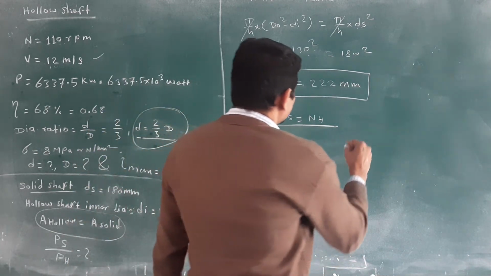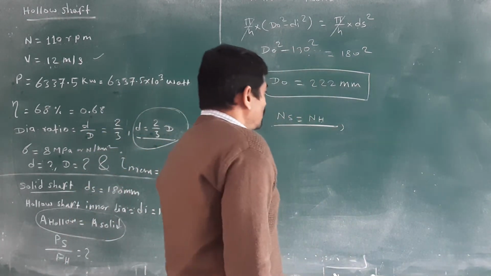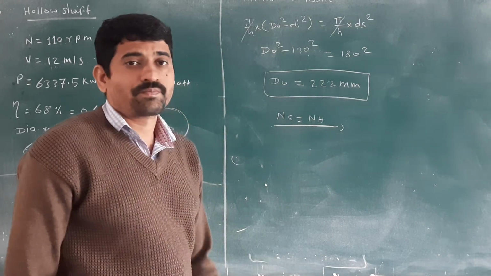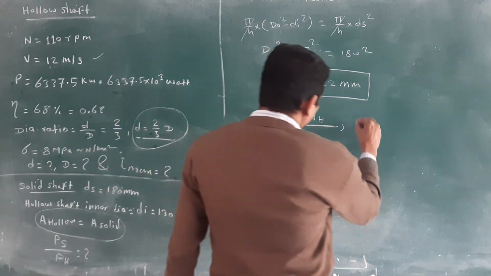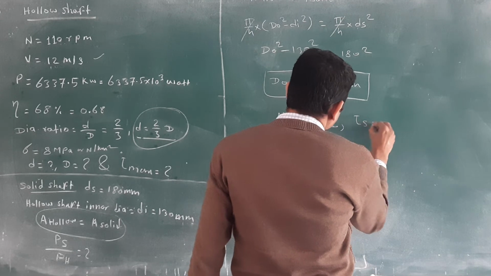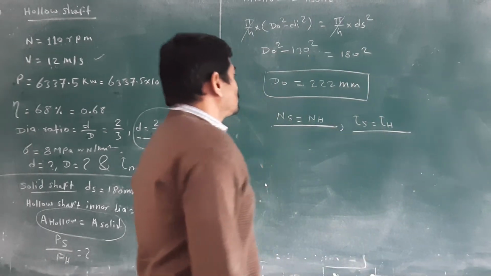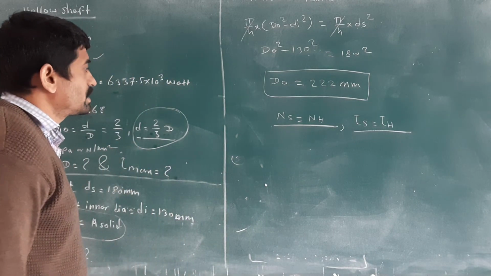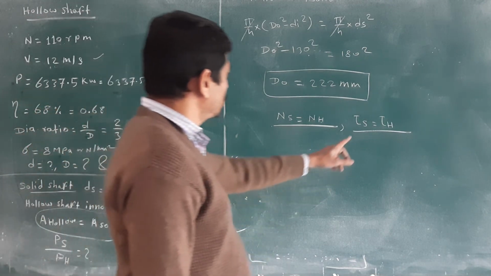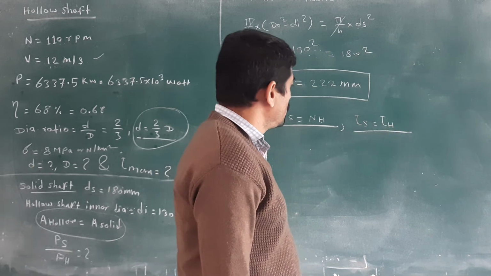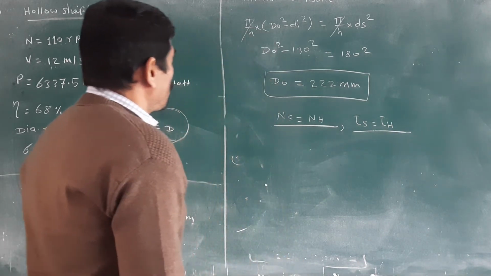Then the shear stress induced in the shaft is also the same. Guys, remember that if the angular velocities are the same, you will get the same value for the shear stress. The shear stress induced in the solid shaft is equal to the shear stress induced in the hollow shaft.